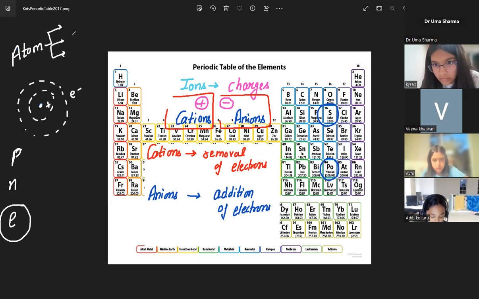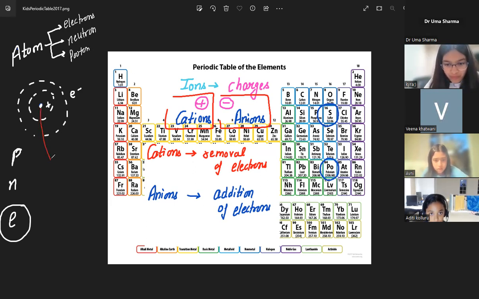It was electrons, neutrons, and protons. What is there inside the nucleus? Neutrons and protons. That's what you are saying? Neutrons and protons.